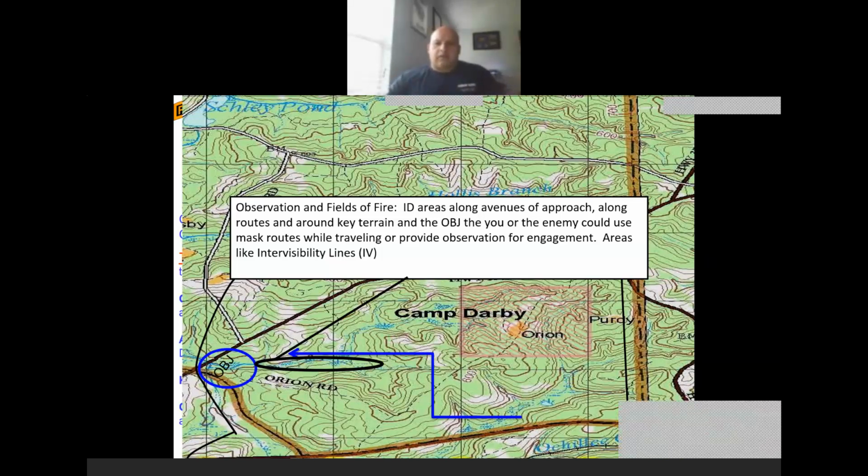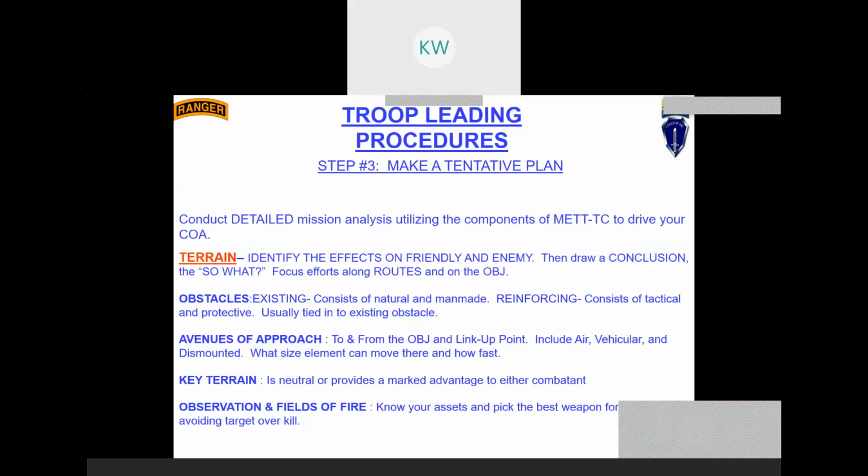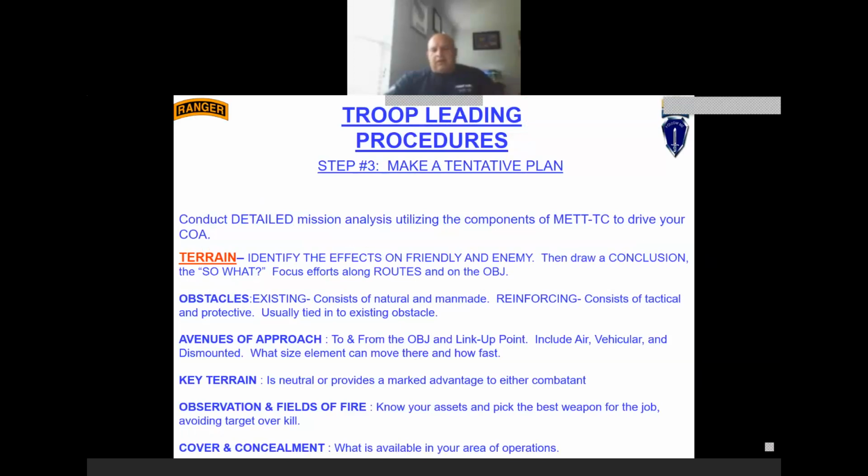Okay. Next, cover and concealment. What is available in an area of operation? Cover is protection from effective fires. Concealment is protection from observation and surveillance. Terrain that offers cover and concealment may limit fields of fire.